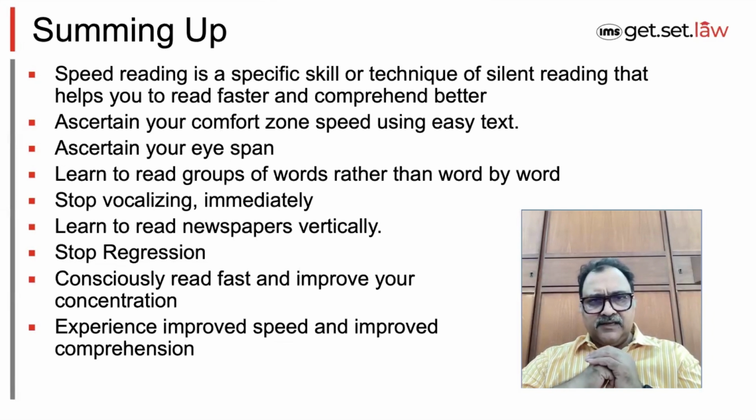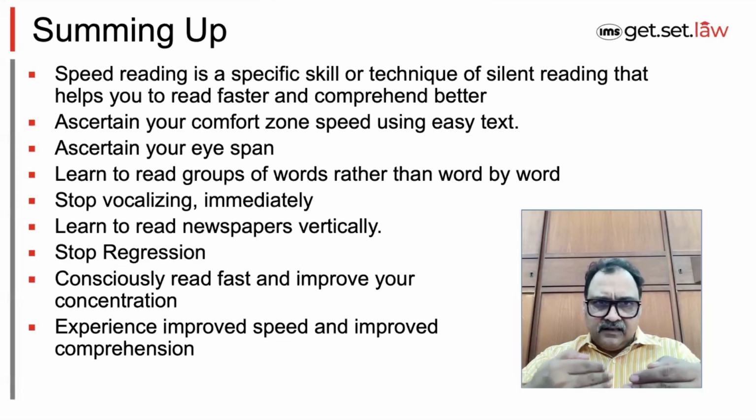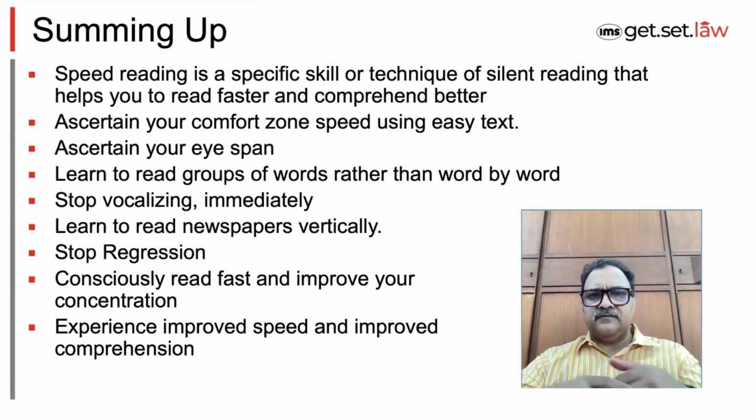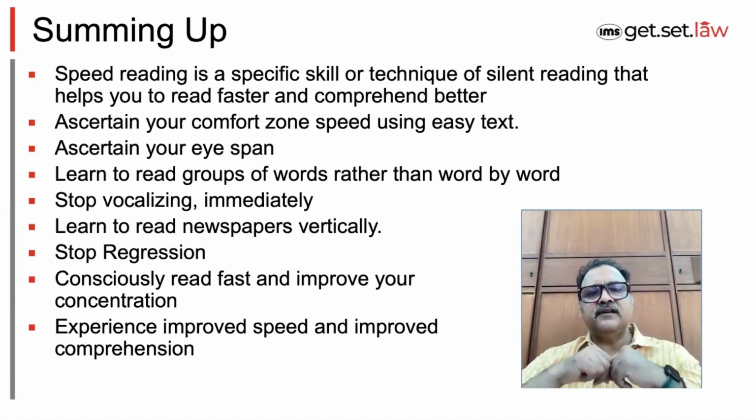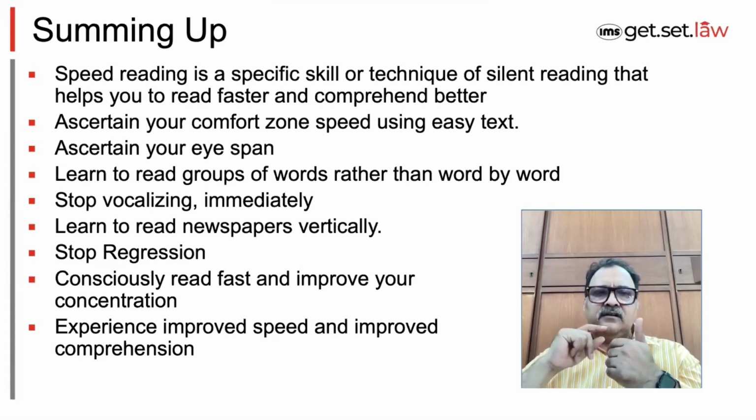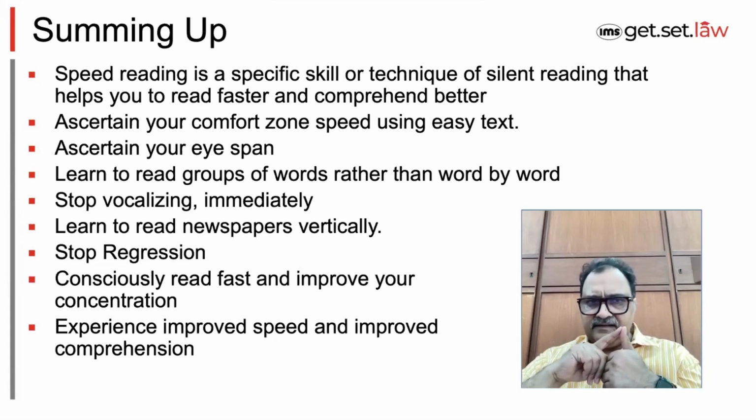Ascertain your eye span and try to optimize it by placing the text nearer or farther away from your eyes. Learn to chunk words, grasp the idea contained within 4 or 5 words or a sentence rather than read all the words in that sentence. No vocalizing. Learn to read newspapers vertically. Try to stop regression and consciously read fast.